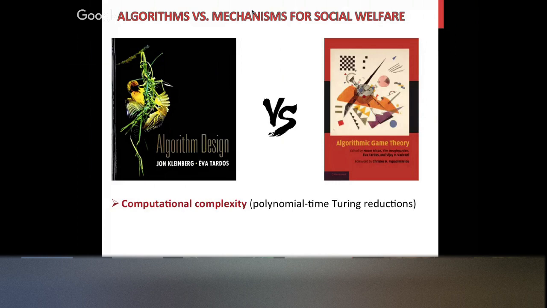And I'm trying to look at the computational complexity question of mechanism design through the lens of designing polynomial time Turing reductions or Cook reductions. And the problem I'm looking at is maximizing social welfare. So I'm going to define what maximizing social welfare means, and I'm going to define the type of reductions I'm interested in. So just stay with me.